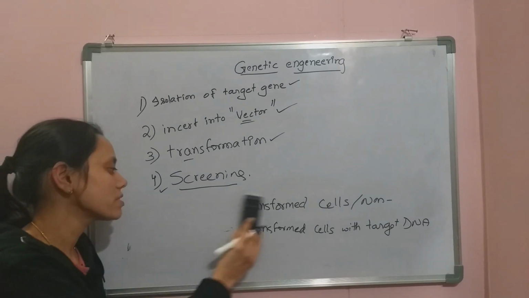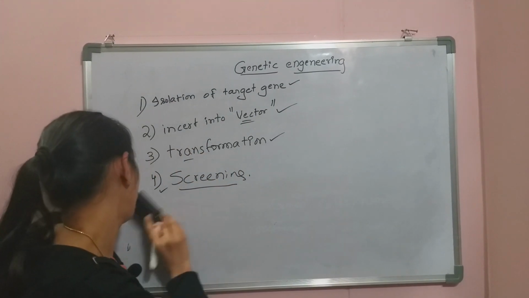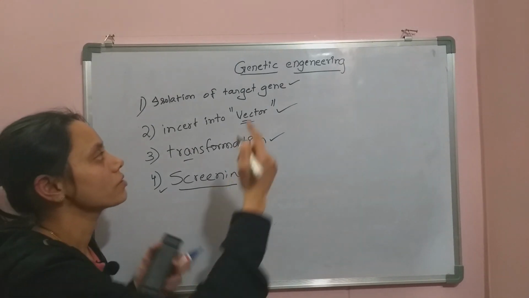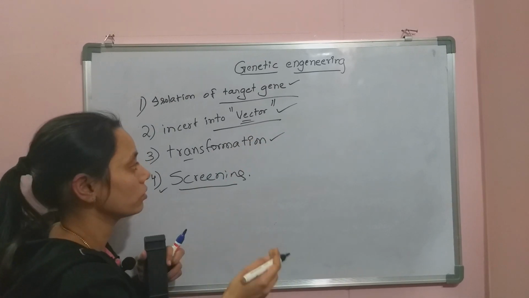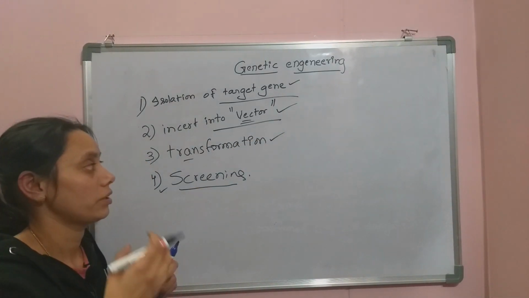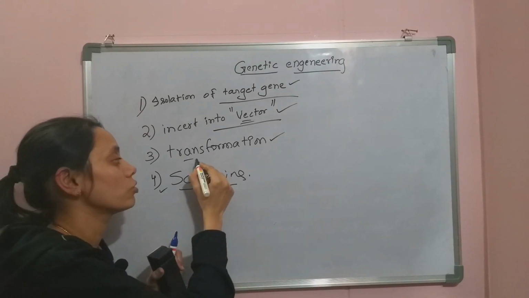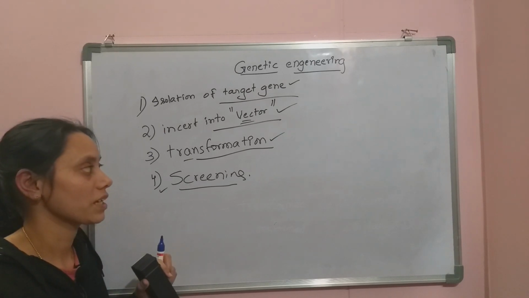So the last step is to culture. Up to this, we isolated the target gene and introduced it into a vector, and once the recombinant vector was formed, it was transformed into the host cell, and in the host cell the cloning has taken place.